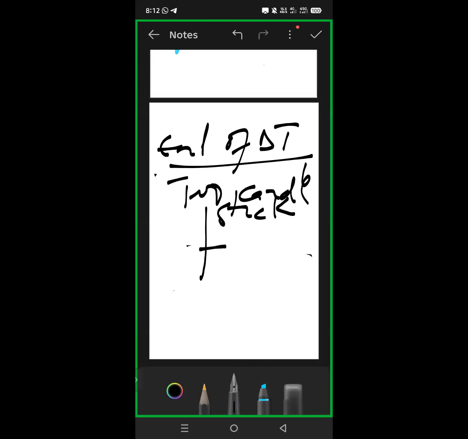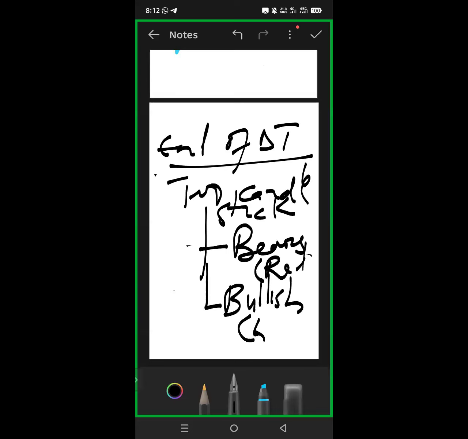It begins with a bearish candlestick, which is a red candlestick, and then it is followed by a bullish candlestick, which is normally green. That's what constitutes a bullish engulfing.